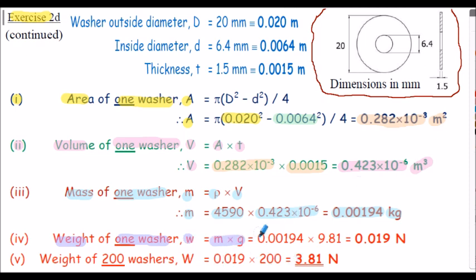So the mass calculated above, multiplied by 9.81 meters per second squared. So the weight of one washer is 0.019 newtons. And the question states we have 200 washers, so the total weight is the 0.019 above multiplied by 200. So 3.81 newtons is the total weight force of the 200 titanium washers.